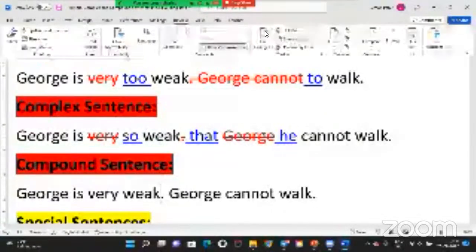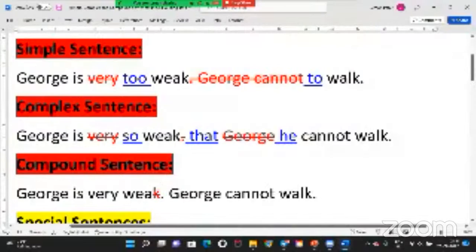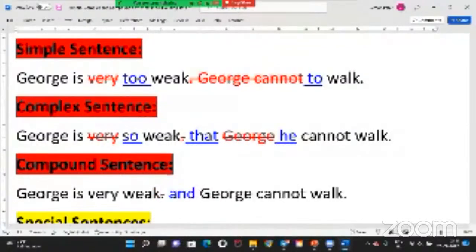We will not change anything. Just remove the full stop. Sorry. Just remove the full stop and use and, remove George and say he cannot walk. George is very weak and therefore he cannot walk. Or and, okay, therefore he cannot walk.